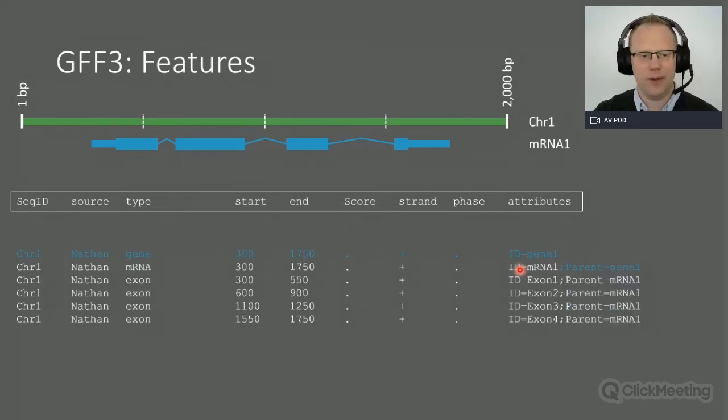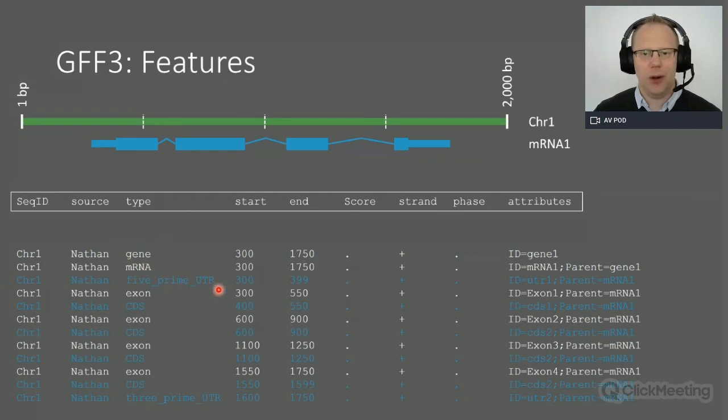Now there are other types of features that we might want to include in here to make it a bit more complete. So here I've included a gene feature, and the messenger RNA is a child of that gene. The reason why you'd want to have this type of relationship is that you might have a gene that has multiple splice forms, multiple messenger RNAs, and you can include multiple mRNAs with this sort of relationship by including the gene feature type.